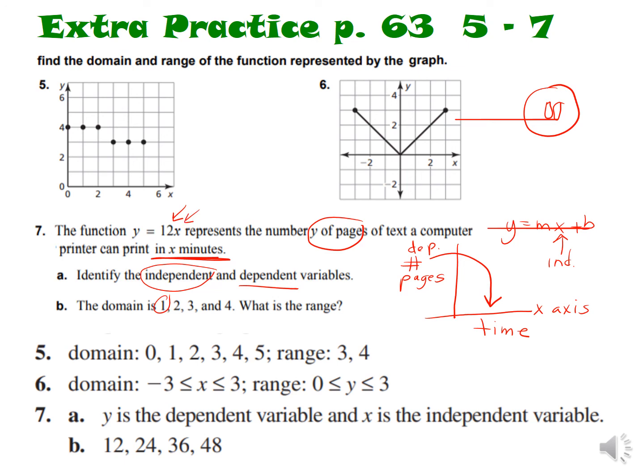Plug 2 in, you get 24. Plug 3 in, you get 36. We'll talk more about independent and dependent variables later, but just understand that x is usually your independent variable, because it doesn't depend on anything. Time is 95% of the time the independent variable because we can't control time.